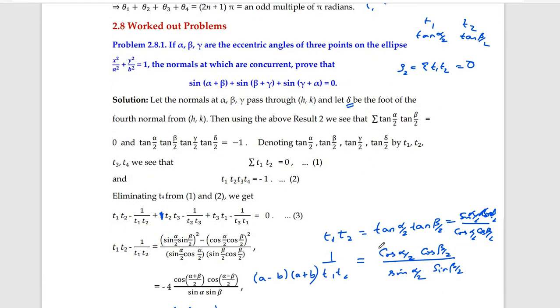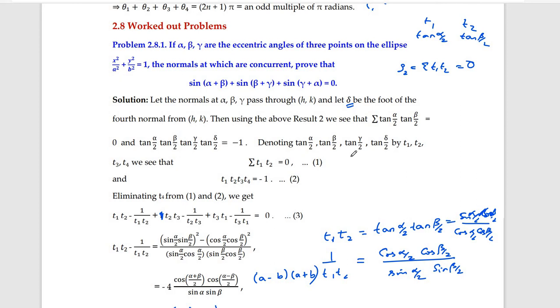Now we are eliminating T4, because here we don't have the delta term, that has to be eliminated. So what is the term related with delta? It is T4. So we'll have to eliminate T4 from 1 and 2.